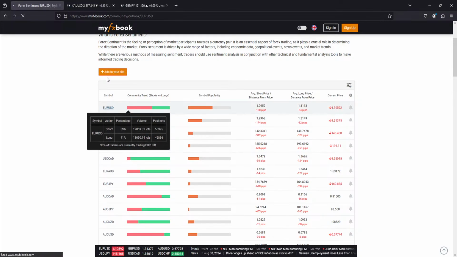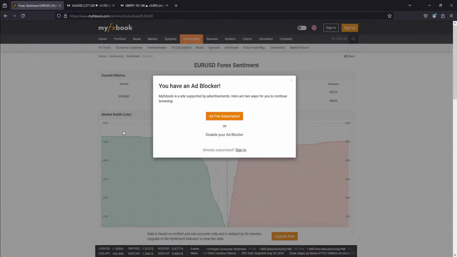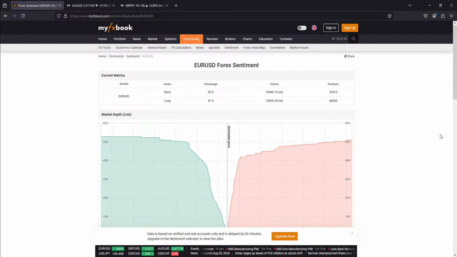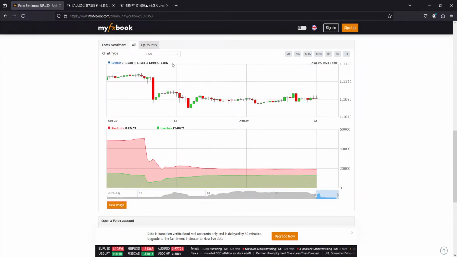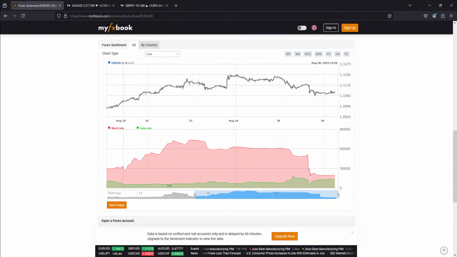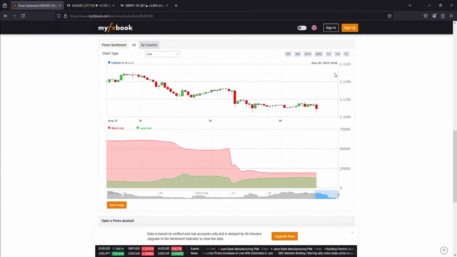If you open this, so if we look at the EUR/USD over here, and if you go down a little bit, then here you will see this kind of chart. If you zoom out a little bit, I'm going to go to the 1 hour, maybe.